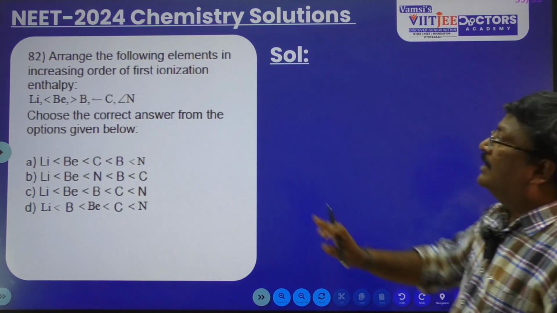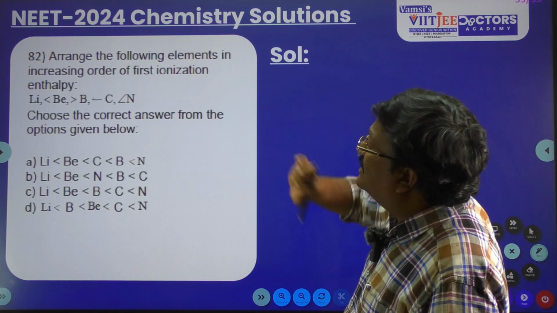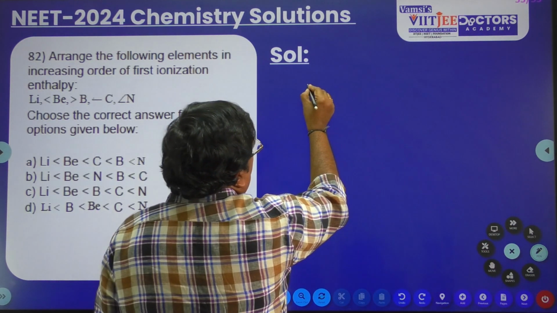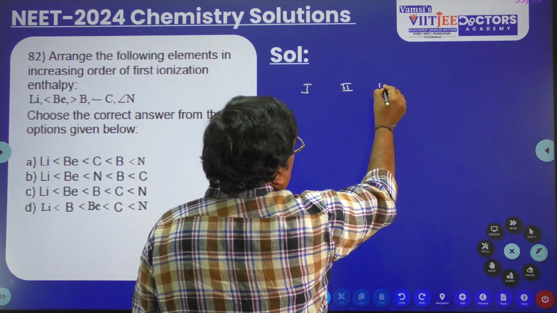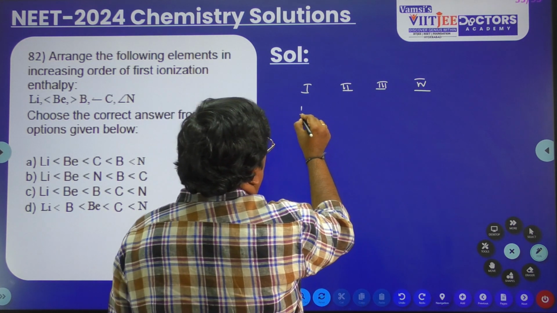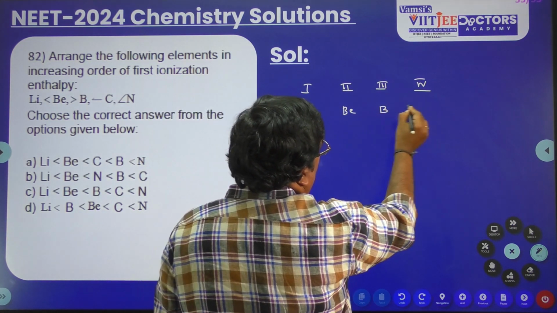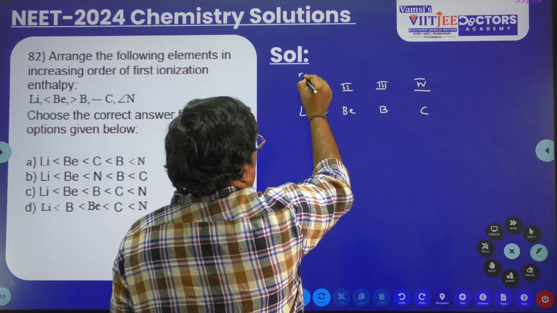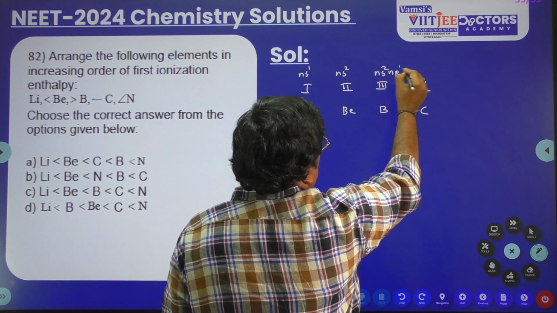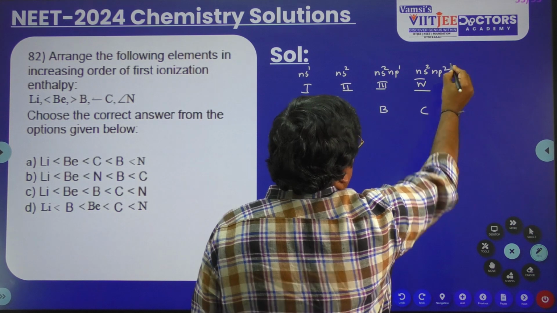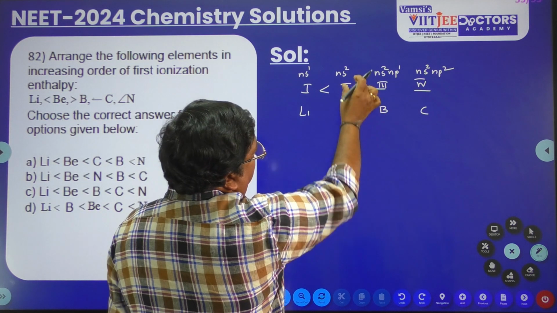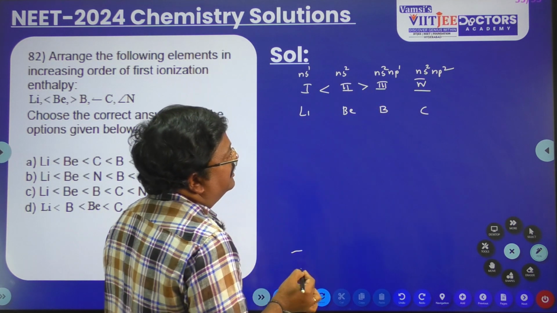And later, coming to the elements, ionization energy. Ionization energy in periods we can take like this: first, second, third, and fourth. What elements are given here? Lithium, beryllium, boron, carbon: ns1, ns2, ns2 np1, ns2 np2 electronic configurations, right? Since beryllium has a completely filled orbital, its ionization energy is more.